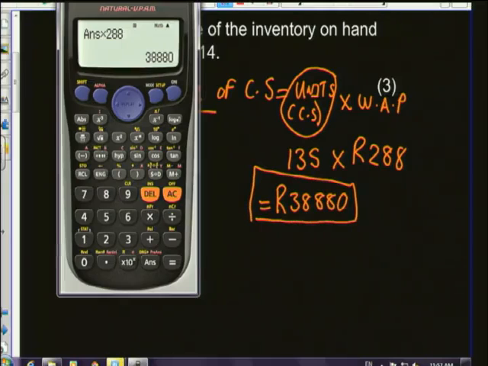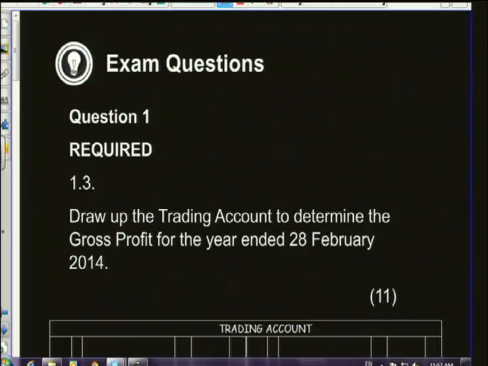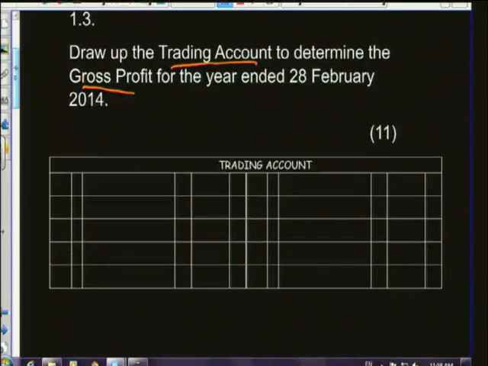Right, let's now move on to the next question. The third question wants us to draw up the trading account to determine the gross profit for the year ended 28th of Feb 2014. So they want us to complete a ledger account.